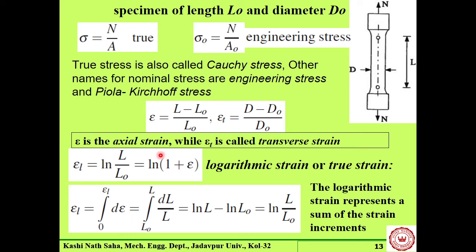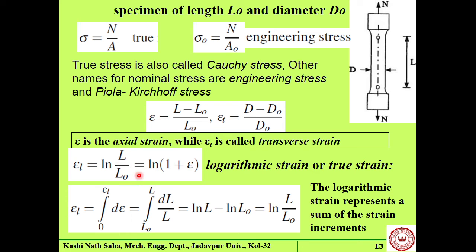Now what is this L by L0? This L is the final length, so this is L0 plus delta L. What does it mean?